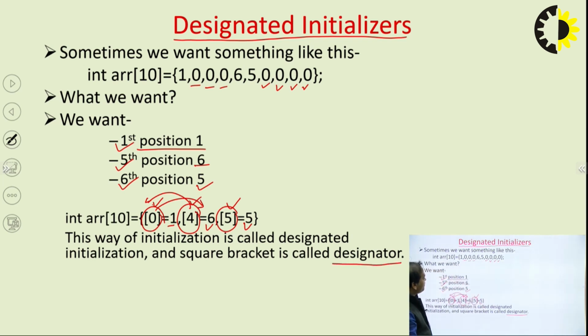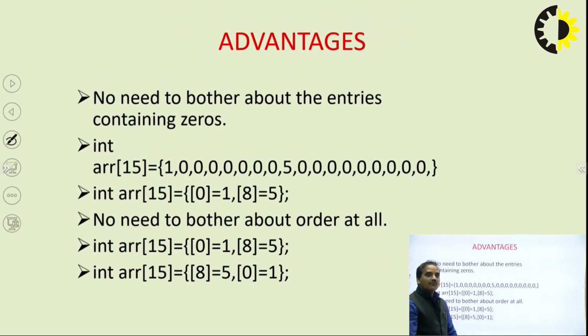This type of declaration is used when the number of 0 entries is high. In that case, we use this method to declare an array or insert values in the given array. What is the advantage of this type of declaration?